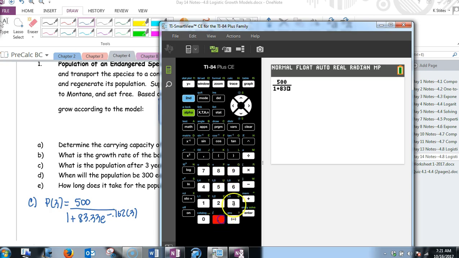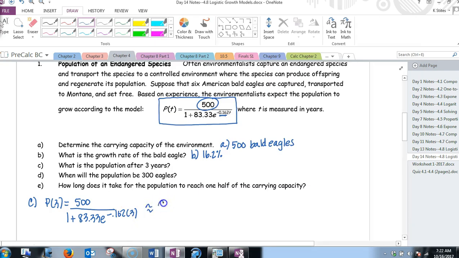Be really careful that you type this in correctly. e to the negative 0.162 times 3. Okay, so 9.569, but remember we're talking about bald eagles, so I'm just going to say this is about 9 bald eagles.